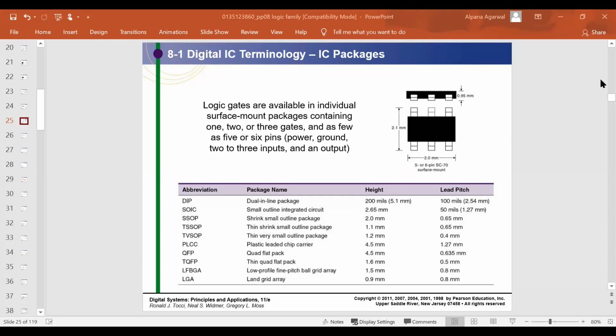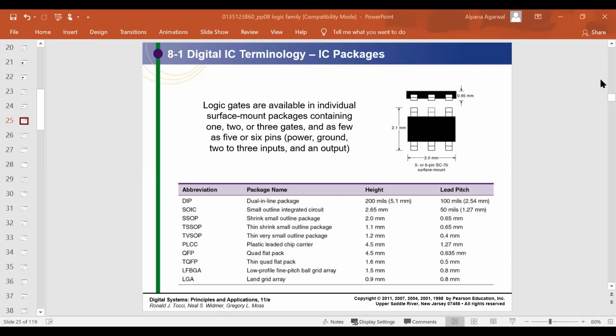These are some of the packages which are available today when you talk of an IC. Now there is a classification based on even the package type. The most popular package used in practice is DIP, because you would recall in your electronics engineering lab in first year, you would have used a DIP package, which means dual in line.